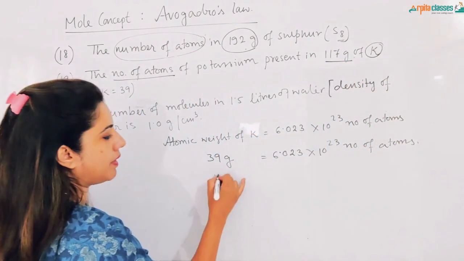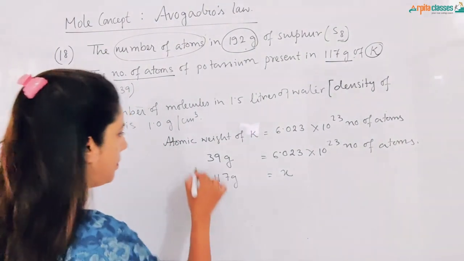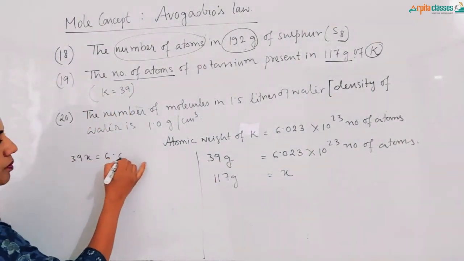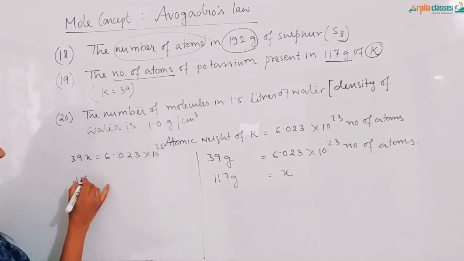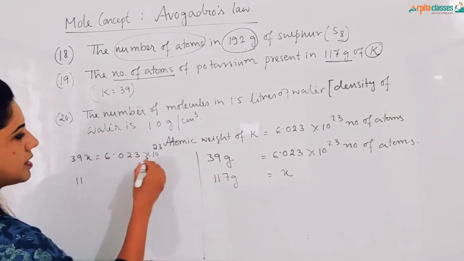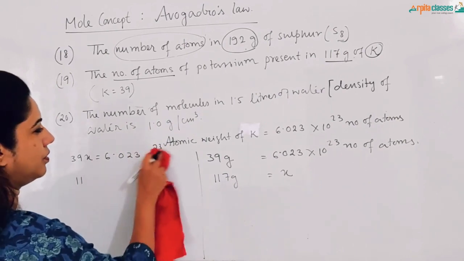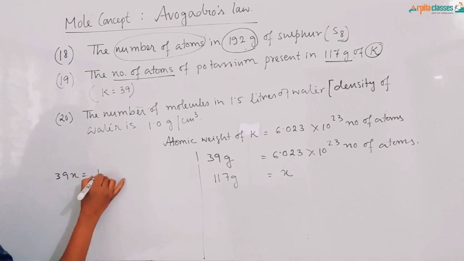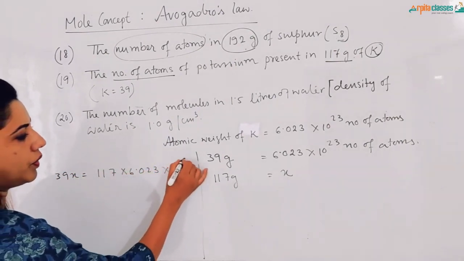Therefore 117 gram is equal to how many atoms? We need to cross multiply. I'll do it here. So it is 39x is equal to 6.023 into 10 raised to power 23 into 117. I'll write it a little down. So it is 39x is equal to 117 into 6.023 into 10 raised to power 23.